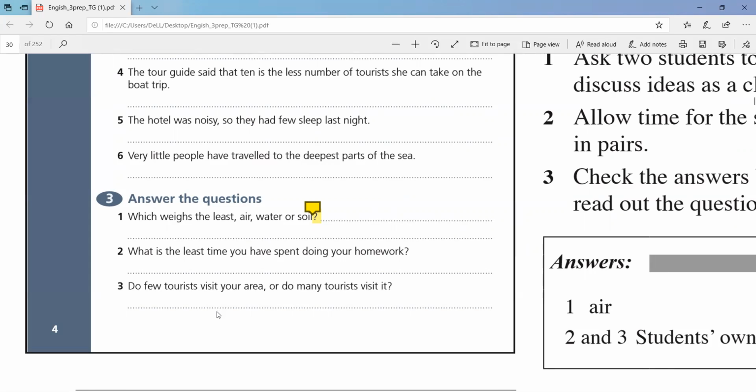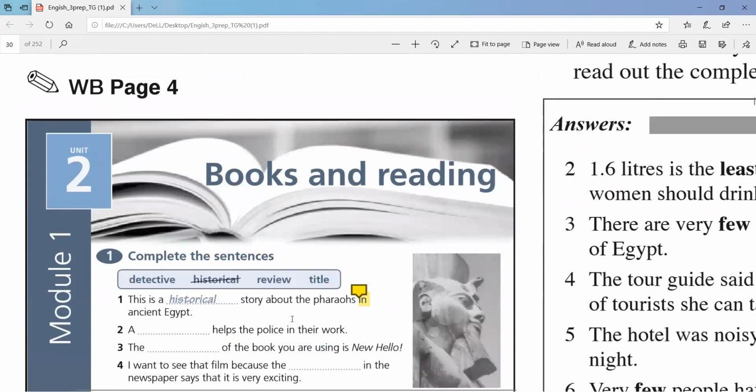The answers here vary, and it depends on the area or the governorate you are living in. For example, if you are living in Aswan, in Luxor, in Alexandria, you will say that many tourists visit my town. That's all we can say about this today.